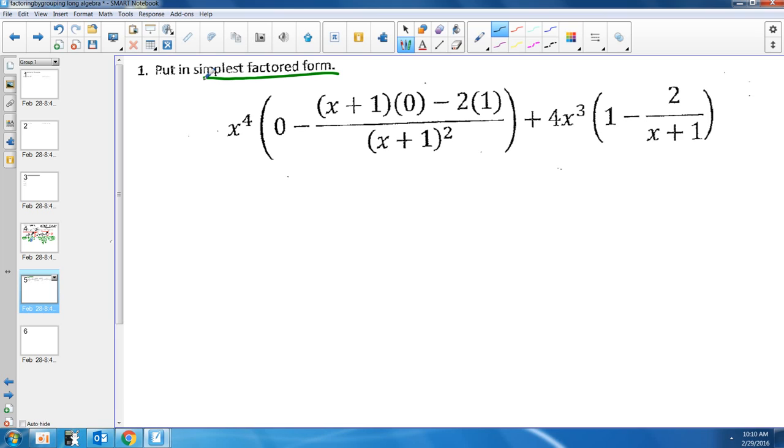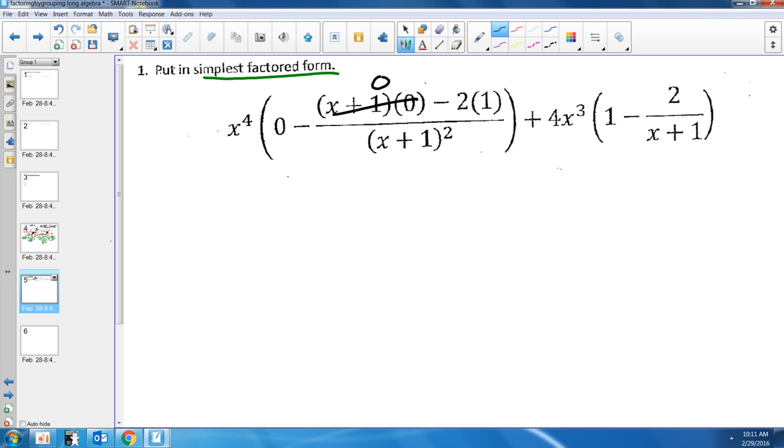Now, when you're looking at this problem, you should be thinking, well, there's a times 0 in there, and anything times 0 is 0. So you definitely want to say that is equal to 0. The second thing you want to do is say, I have a minus, and this is going to be a -2 up here, so minus -2 is the same thing as 2.